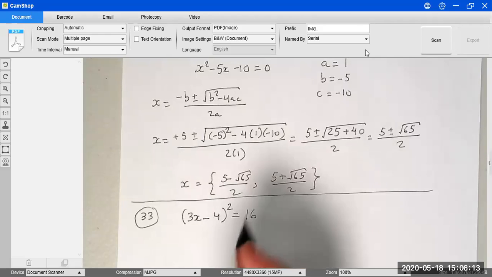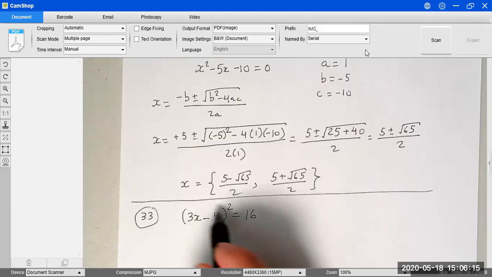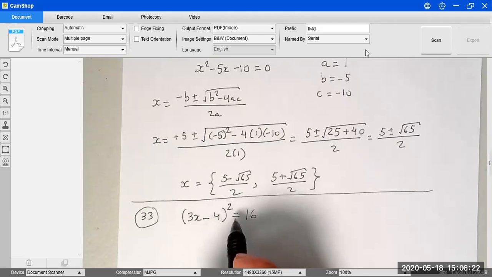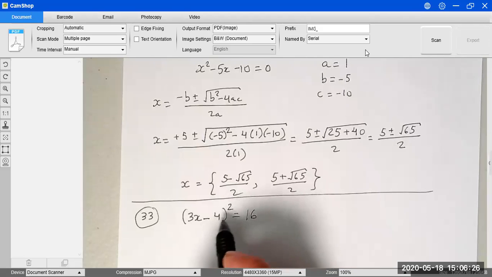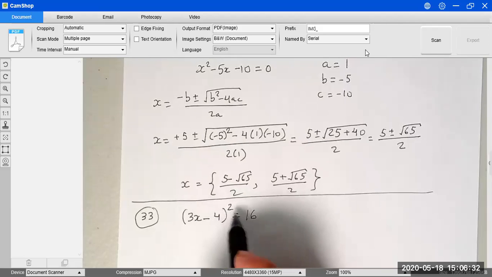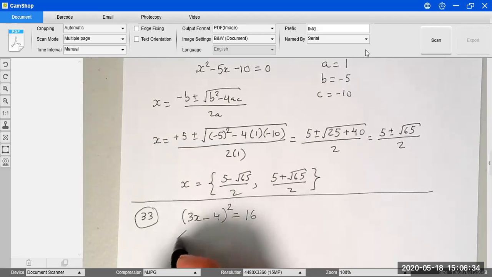Here you can see that your variable is on the left hand side. There are no variables on the right hand side. And also, you just need to see that this is a perfect square too, because this is an expression that is squared.